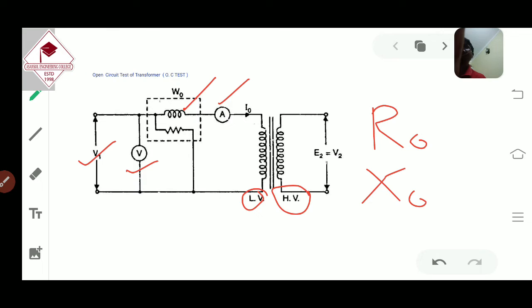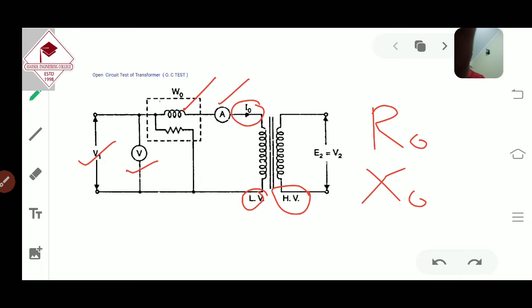As the normal rated voltage is applied to the primary, normal iron losses will occur in the transformer core. Hence the wattmeter will record the iron losses and a small copper loss in the primary. That small copper loss can be neglected, because this I0 is very low, about 2 to 5% of the full load current.